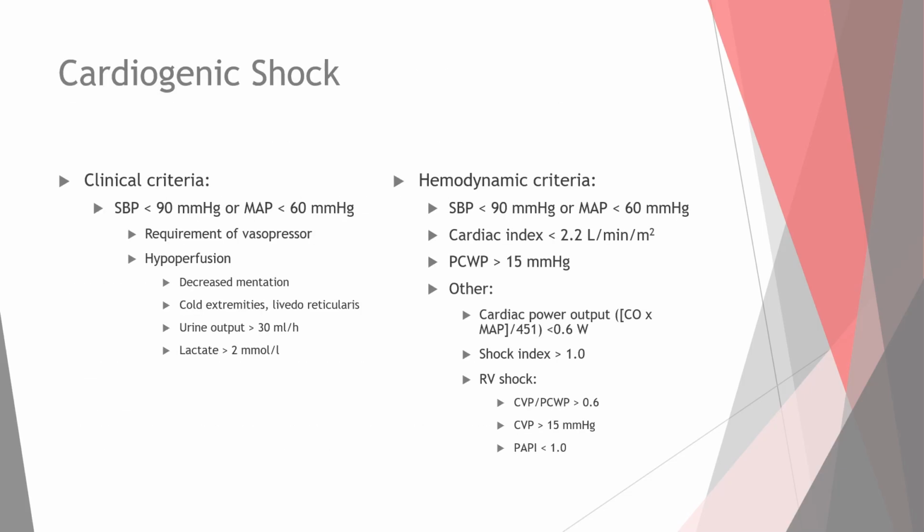We won't really touch this subject, but we'll start the conversation about if the patients are decompensating, they don't have adequate forward blood flow, their systolic blood pressure is falling, and they have decreased mentation, cold extremities, decreased urine output, elevated lactate, we need to talk about cardiogenic shock. This will come about in future lectures.